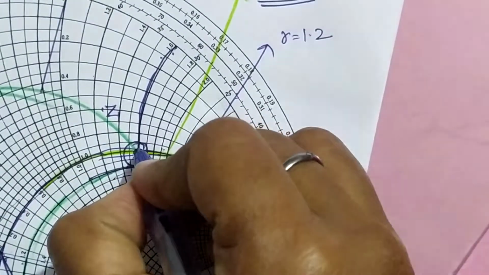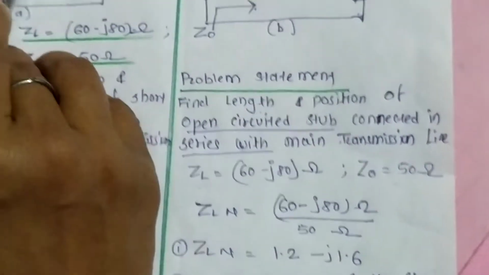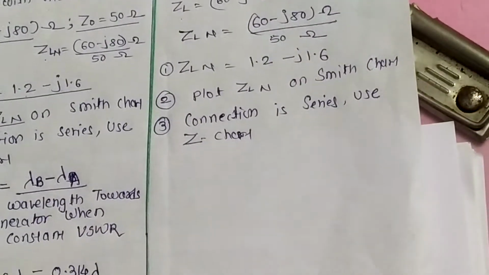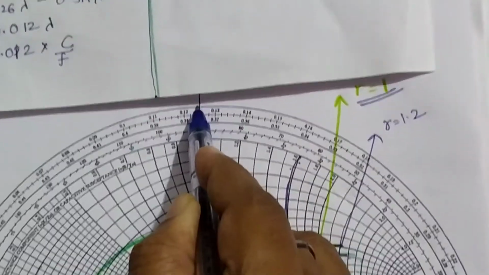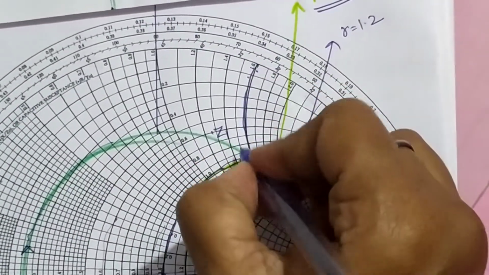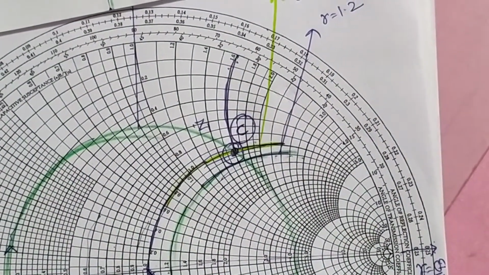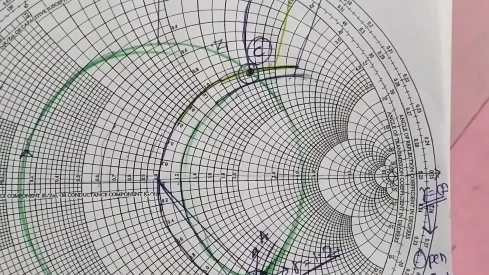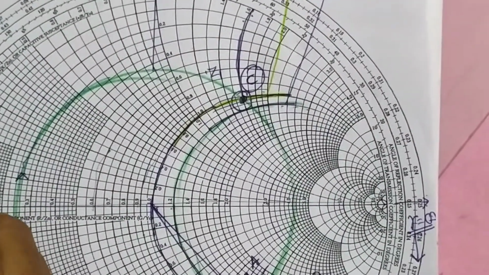Okay, fine. So now just see, the stub is a short circuited stub. As we have decided, the second thumb rule: if it is short circuited, start from the short end, and reach the point. Let's label this point as C. So this is your Z chart. Here R equal to 0, therefore it is the short end. Along the wavelength towards the generator, I am going to start movement.